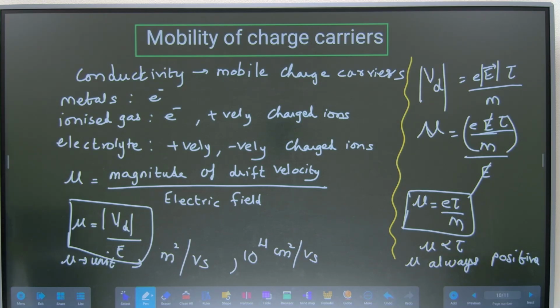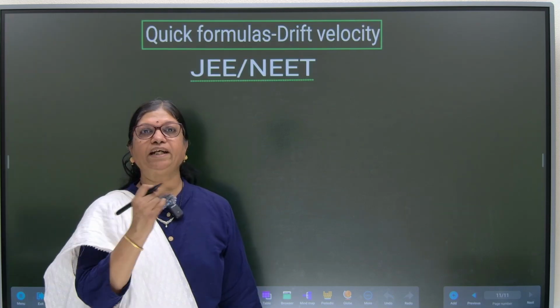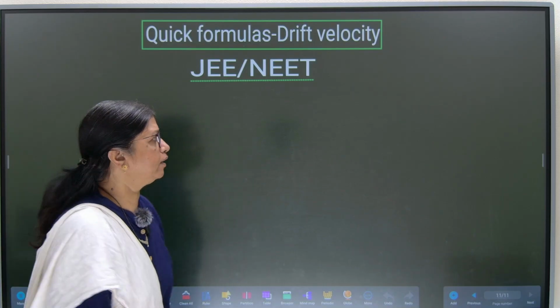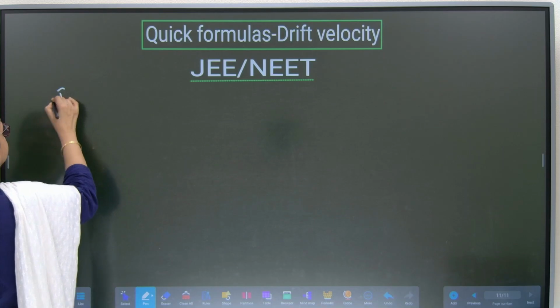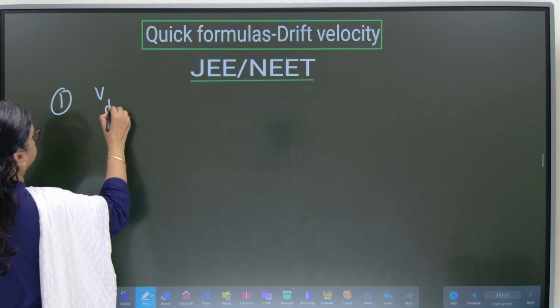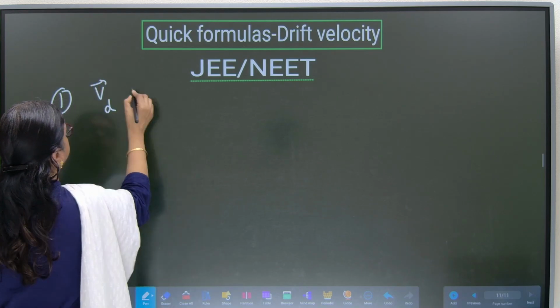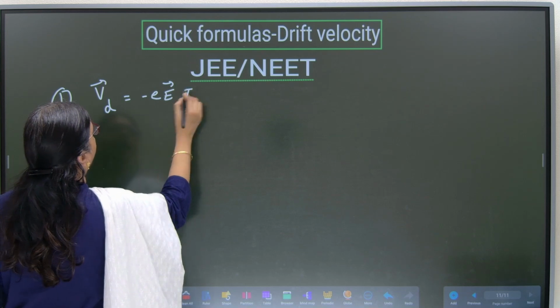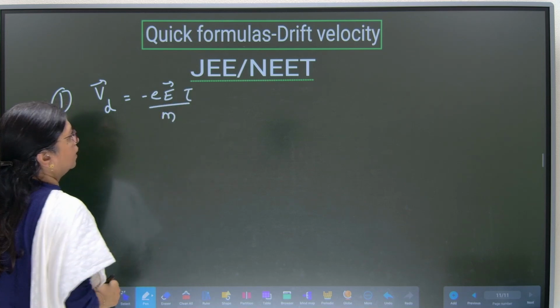In the last page, we shall just quickly write down the formulas which we have derived in this video on different pages. Page number 1, we derived Vd is equal to negative E tau upon m.